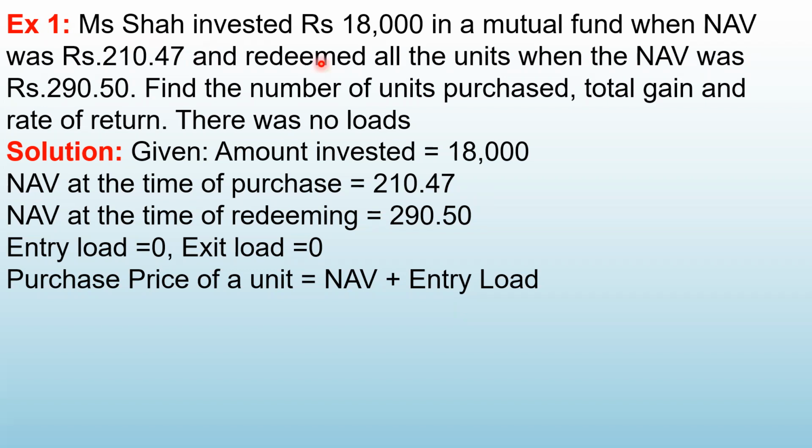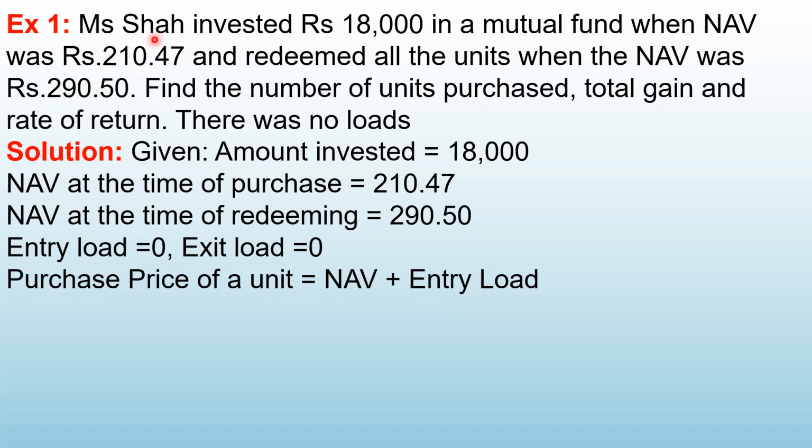Okay, and she redeemed all the units when the NAV was 290.50. What did she do then? She redeemed the units when NAV became 290.50. So you can see in this problem, there are two NAVs.